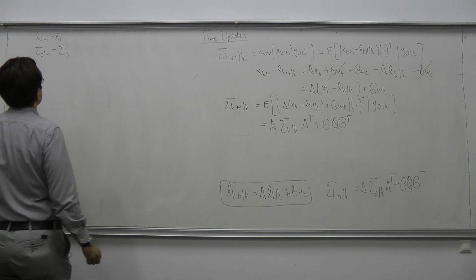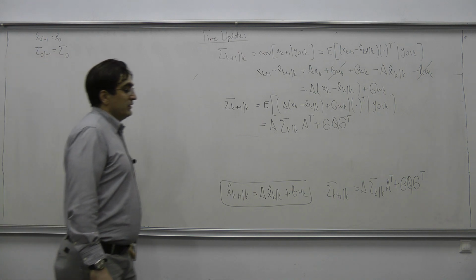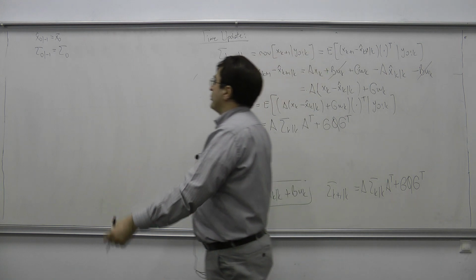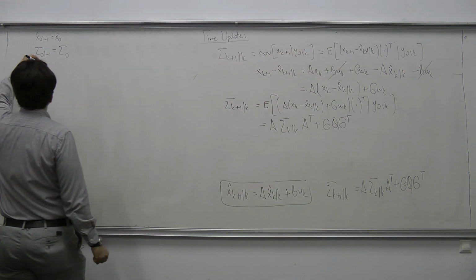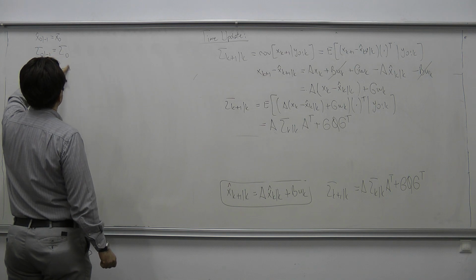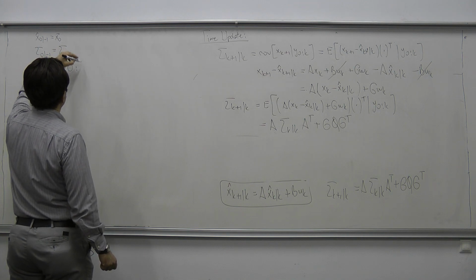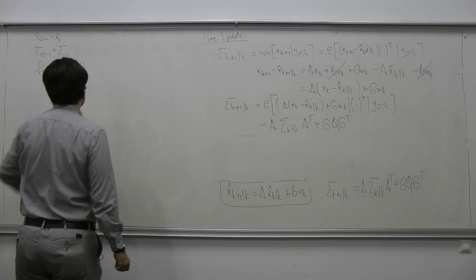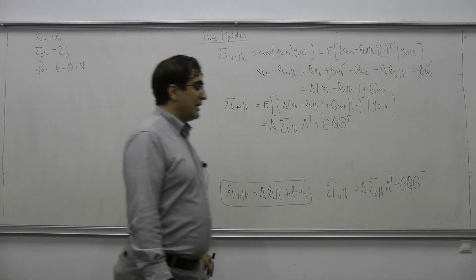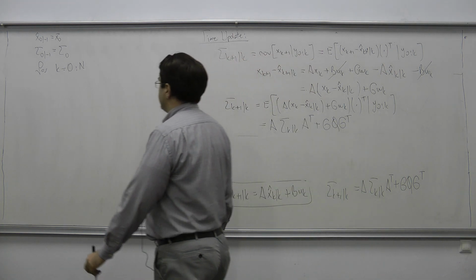We initiated with the initial state covariance. Then as we start collecting measurements, we go for k from 0 up to n. I can continue until a final time. We are doing the following.